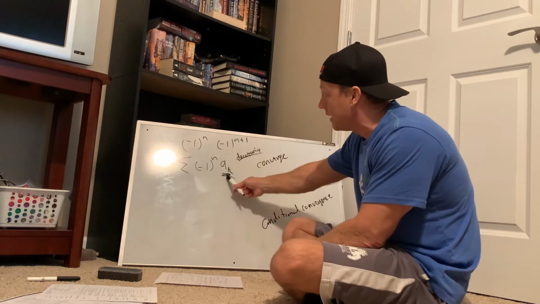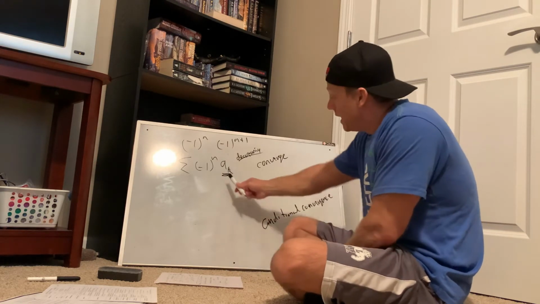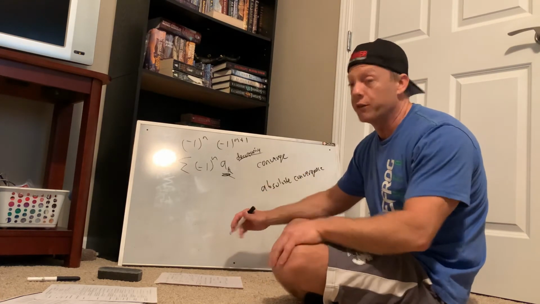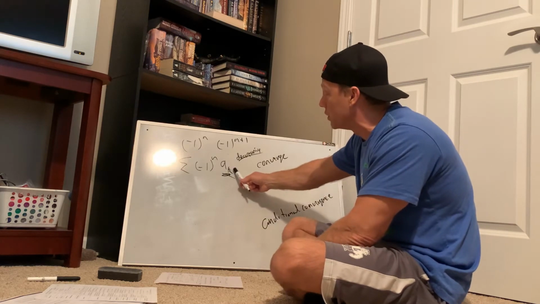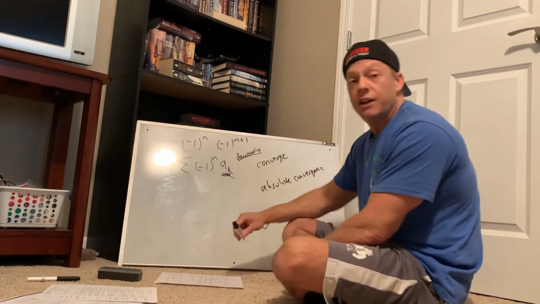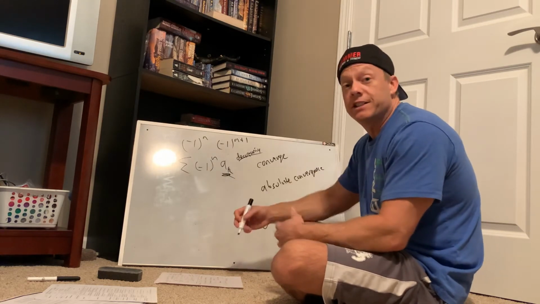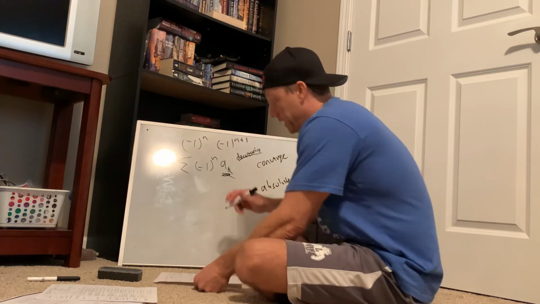If this thing converges, it's absolutely convergent. If this guy right here is something that diverges, that on its own wouldn't converge, then it's called conditional. This thing is only going to converge because of the alternating signs, because a_k in itself wouldn't.